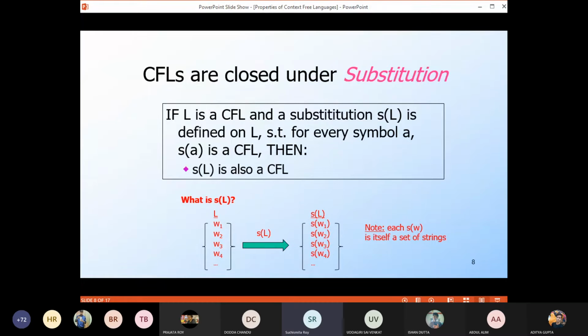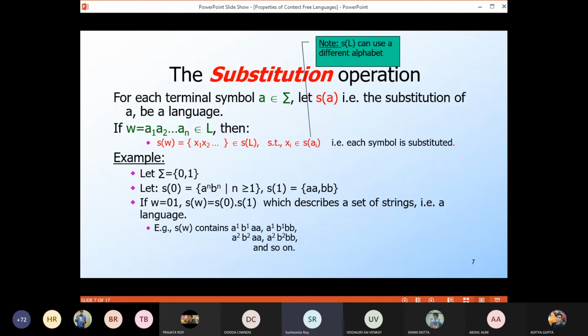Now for the strings, these are just concatenations of these substituted languages, as you have seen here. Remember, these are just concatenations of the substituting languages. If these individual languages are context-free, then, as we have already shown, concatenation is closed for context-free languages.